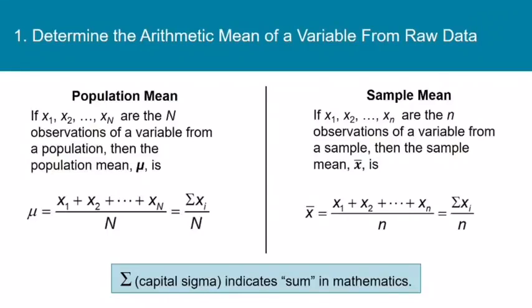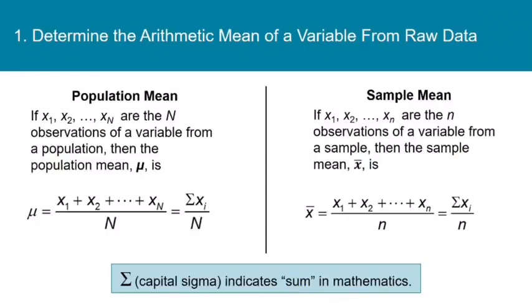So now let's look at the formulas. I know that we all know how to calculate an average, but the formulas look a little different. So here is the formula for population mean, and you can see that you just add all the numbers together and divide by the population size. We have seen this capital N before. Capital N always stands for the population size. But look at this. Instead of writing out plus, plus, plus, plus, this capital sigma is the Greek letter that stands for sum.